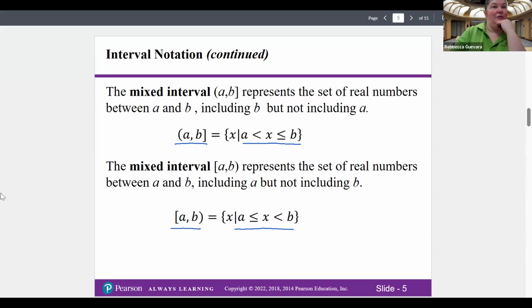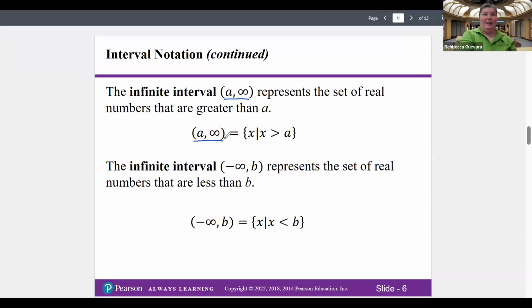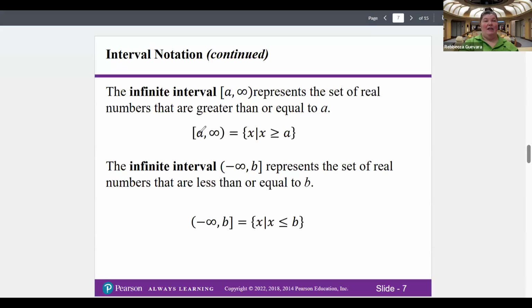Then we have our infinite intervals. If I'm looking for values that start at a and go to infinity but don't include a, that means we're just looking for x values greater than a. If I'm looking for negative infinity to b, that means I'm just looking for x values that are less than b. If we have the bracket in there, then we could go from bracket a to infinity.